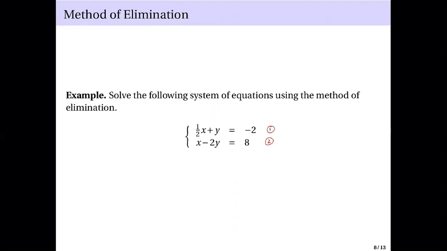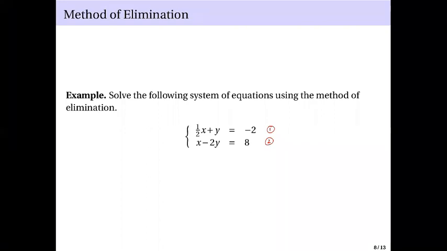Now, in order to eliminate one of the variables, what we're going to do is to get an equivalent equation of one of the equations here so that the coefficient of one of the variables is the same as the coefficient of that variable in the other equation.